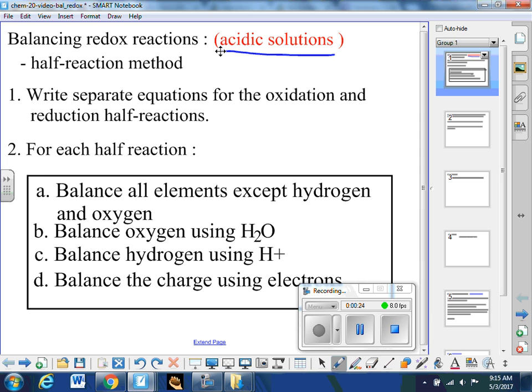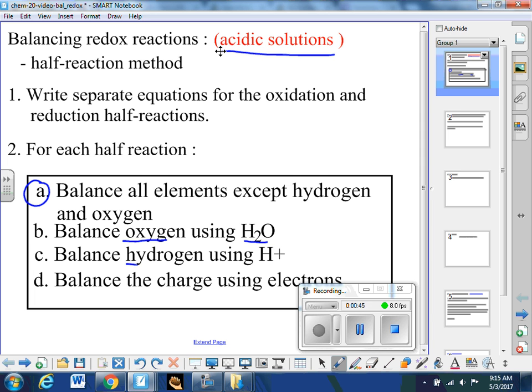For each half reaction, you need to balance all the elements except for hydrogen and oxygen. For example, if there's chlorine or chromium, you balance those first before you do the hydrogen and the oxygen. Then you balance the oxygen by adding water molecules to whichever side has the fewer number of oxygen atoms.